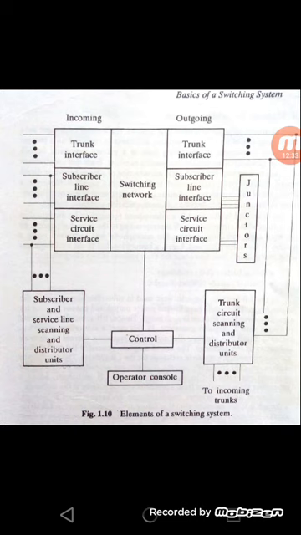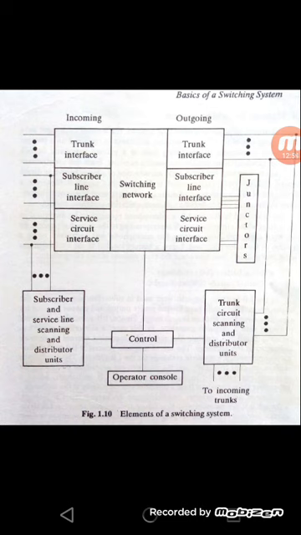So in any telecommunication conversation or process, switching networks play a different role. Without a switching network, we can't generate the information in different forms.